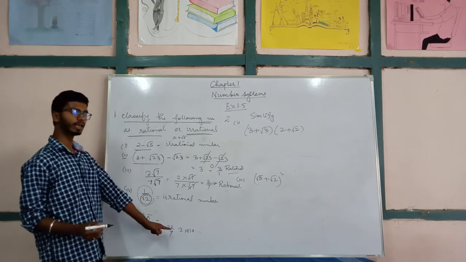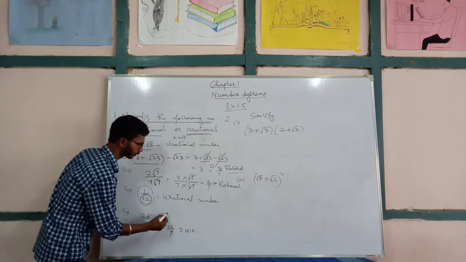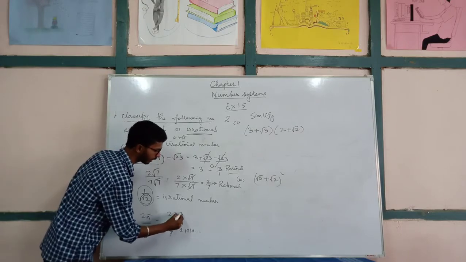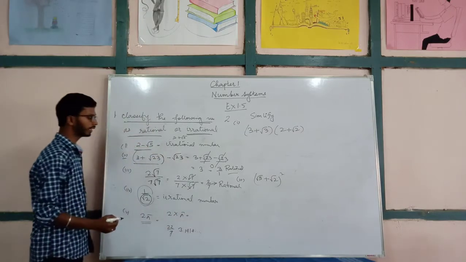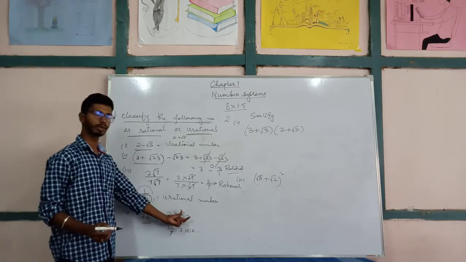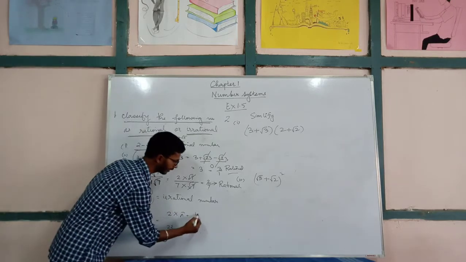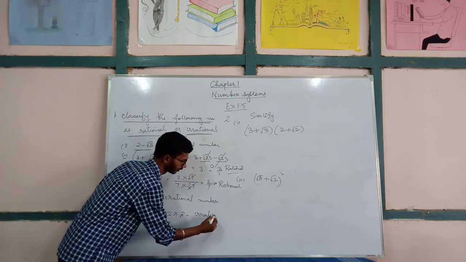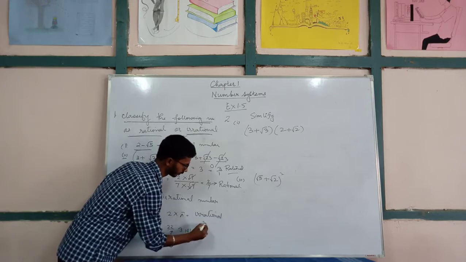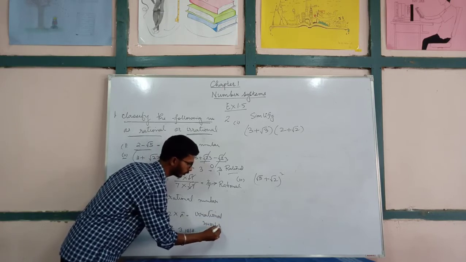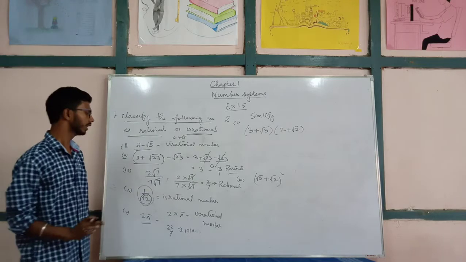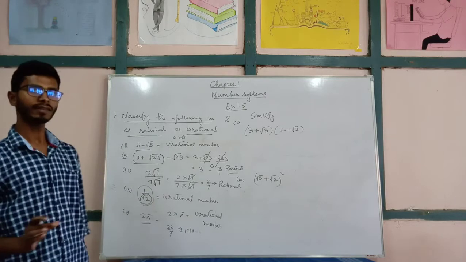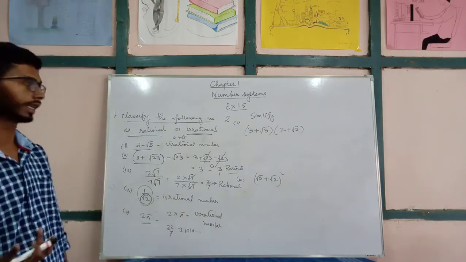That is, it is also an irrational number. So if we multiply 2 into pi, that means if we multiply 2 into an irrational number, the answer will also be an irrational number. And because the expansion of all these expressions is non-terminating as well as non-recurring, meaning non-repeating.